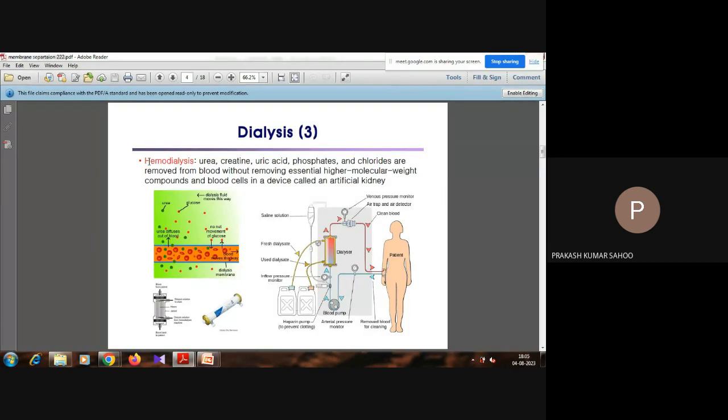It is known as hemodialysis, where contaminated blood is replaced by new blood. That is removed from the blood without removing essential higher molecular weight compounds and blood cells in a device called an artificial kidney. Okay, so this dialysis process is very important in this type of medical treatment.